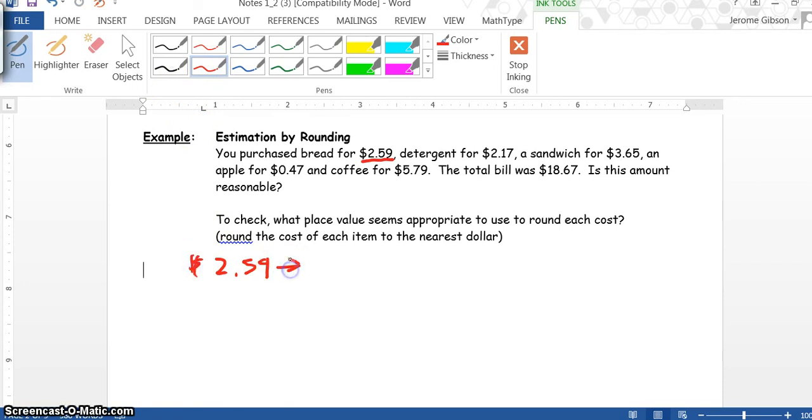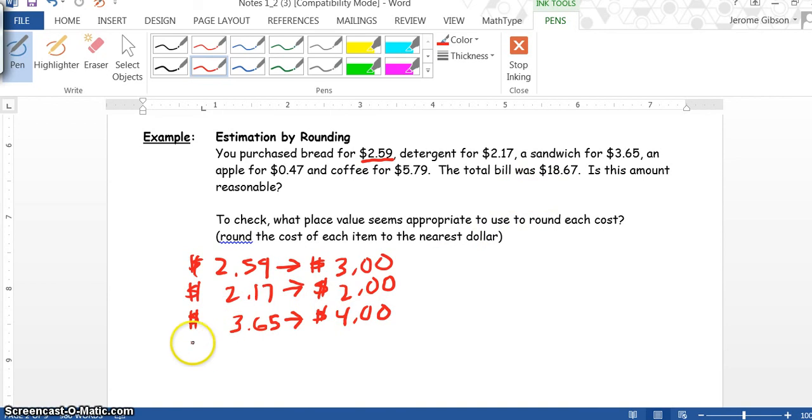We would take this $2.17 and round that to $2. We would take this $3.65 and round that to $4.